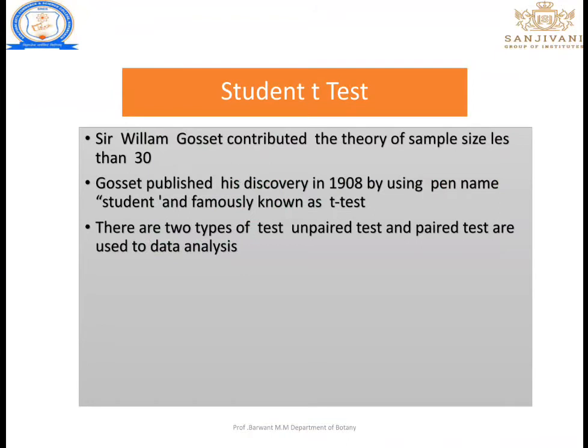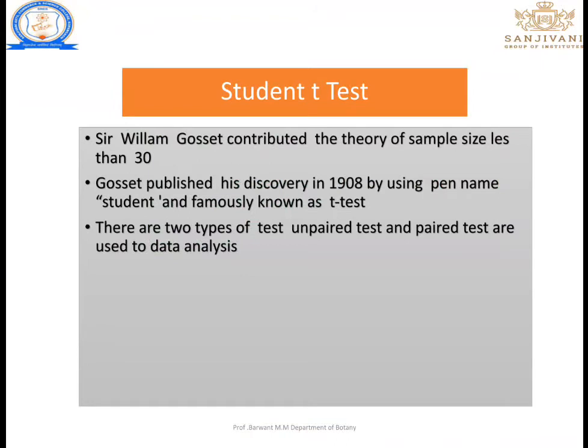The student t-test was contributed by Sir William Gosset, one of the biostatisticians, for the theory of sample sizes less than 30.